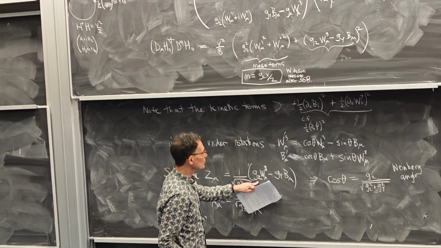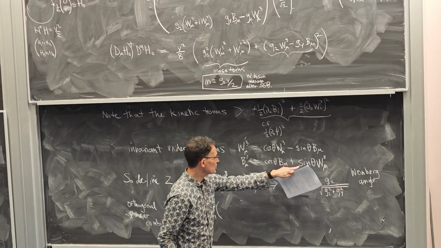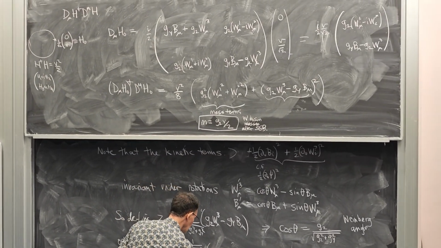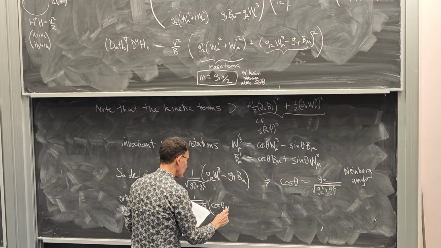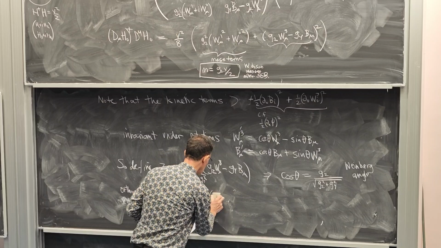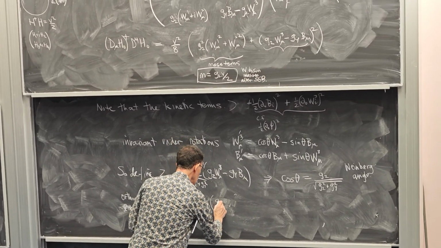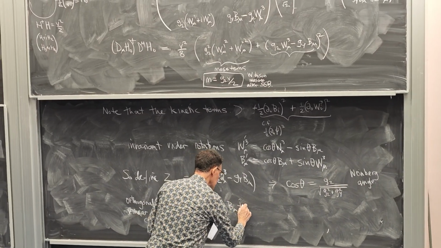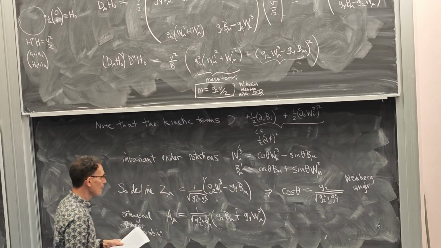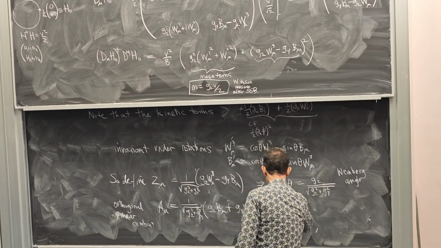And so wherever I use cosine theta here and minus sine theta, I'm going to just do the opposite. So let me write it out. This will be G2 B mu plus GY W mu 3. And so this combination gets no mass.